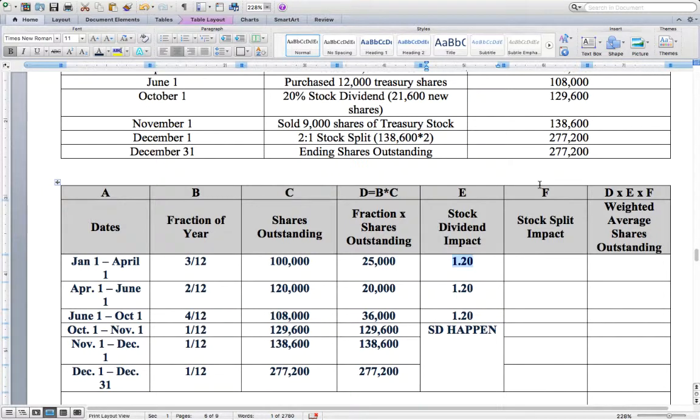You have to treat it as if it occurred at the beginning of the year. As you will note, the stock split occurred December 1st. Therefore, December 1st through December 31st, this is when the stock split occurs. But you need to go back as if it occurred at the beginning of the year. Therefore, in this example, every period needs to reflect this 2-for-1 split.